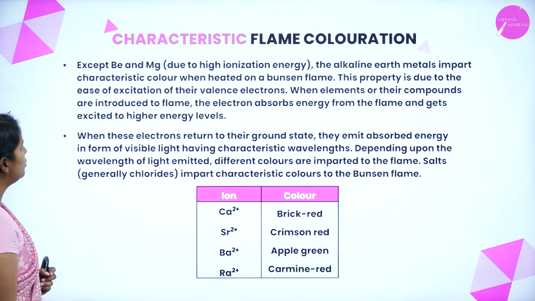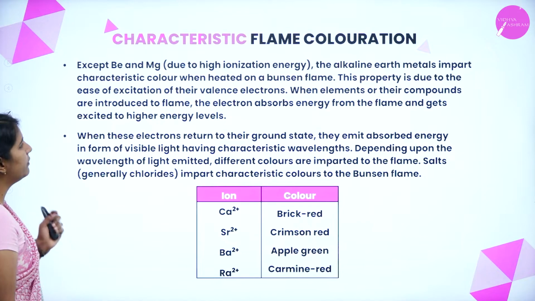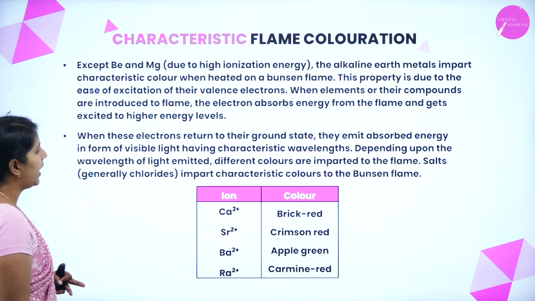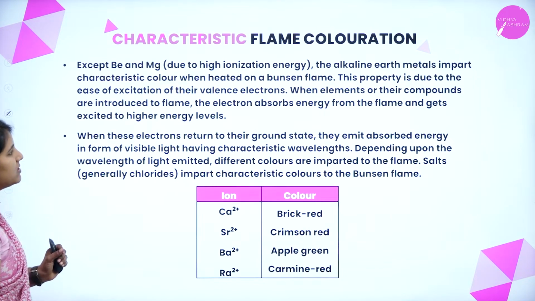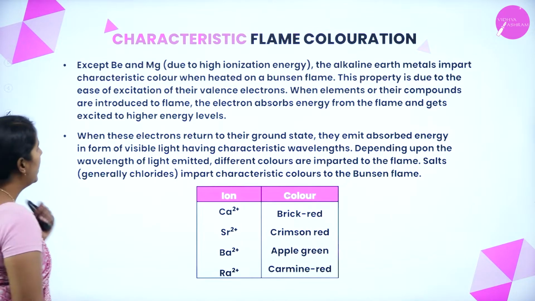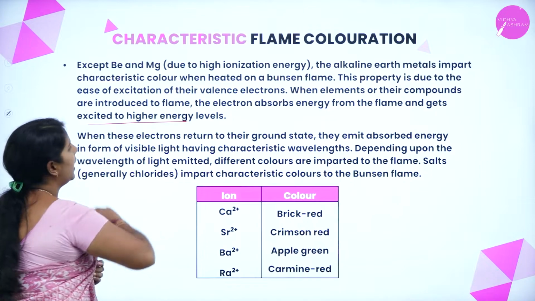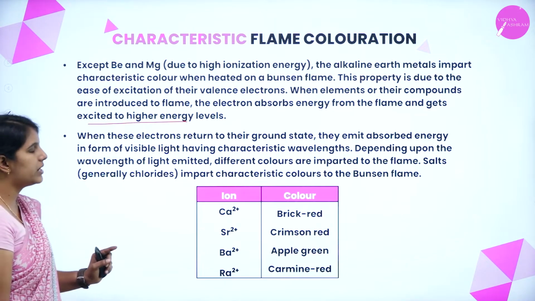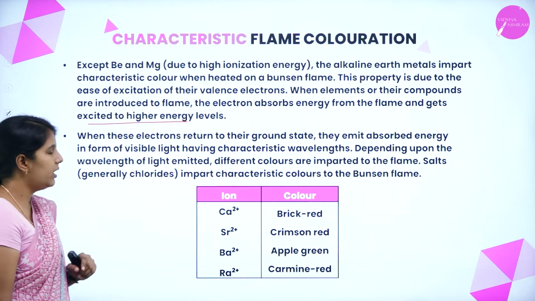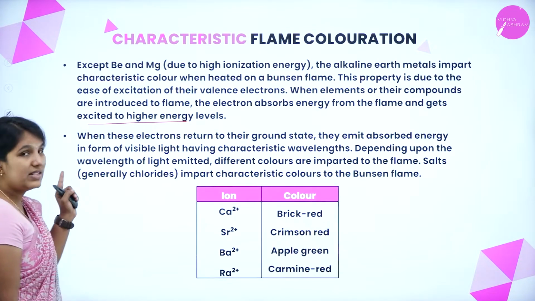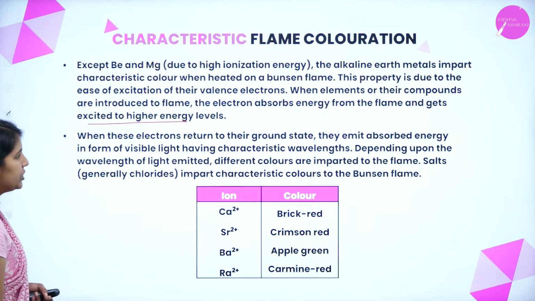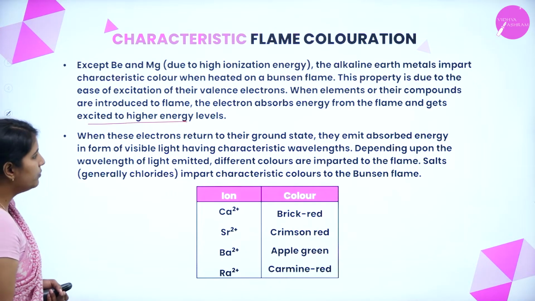This property is due to the excitation of their valence electrons. When the elements or compounds are introduced to the flame, the electrons absorb energy from the flame and get excited to a higher energy level. When these electrons return to the ground state, they emit radiation in the visible region, so that we can observe it in the visible wavelength.